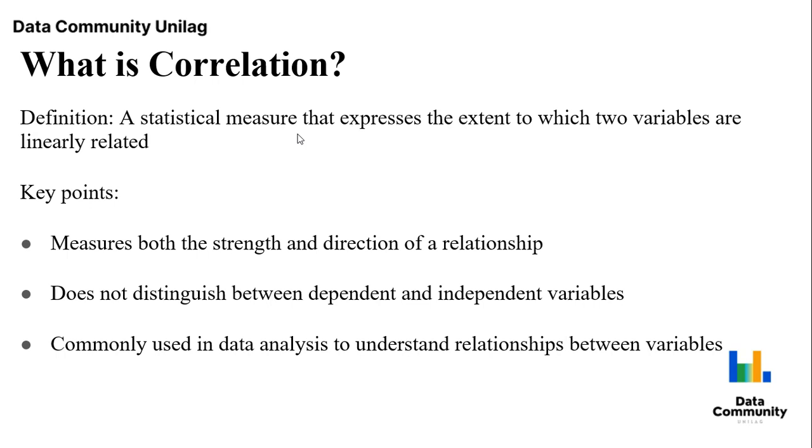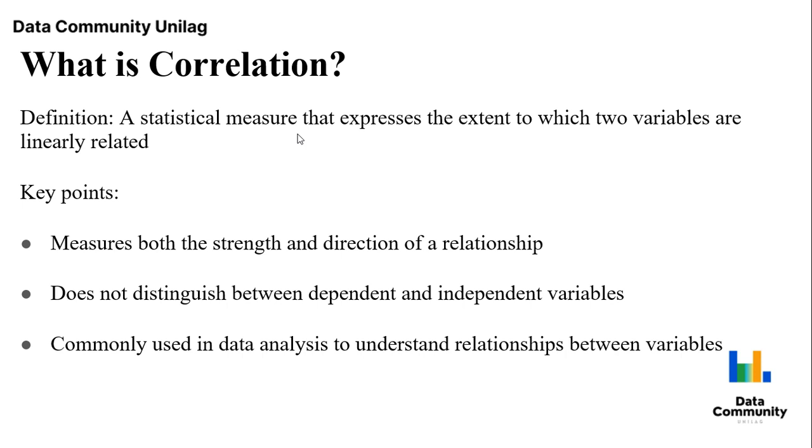What is correlation? We say correlation is a statistical measure that expresses the extent to which two variables are linearly related. What are the key points we're supposed to look at in correlation? Some of the key points: it measures both the strength and direction of a relationship.